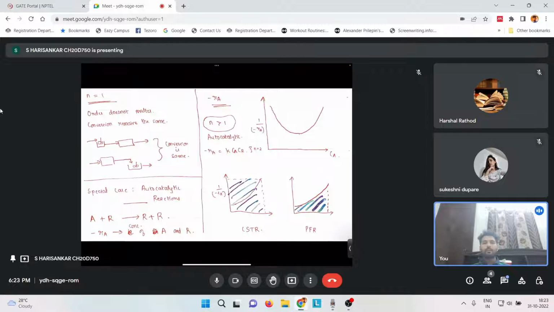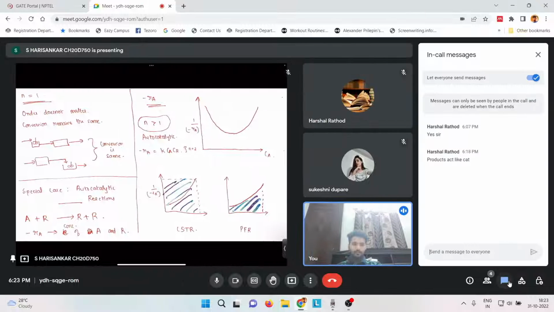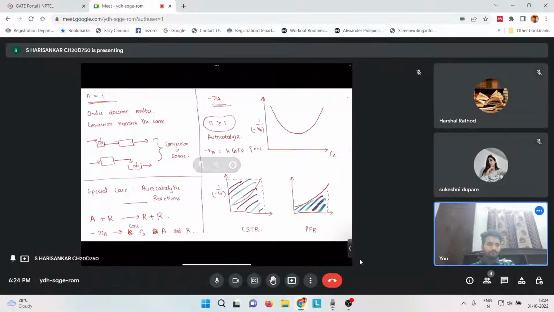Yeah. For a normal second order reaction or any higher order reactions, PFR should come first and it should be followed by CSTR.